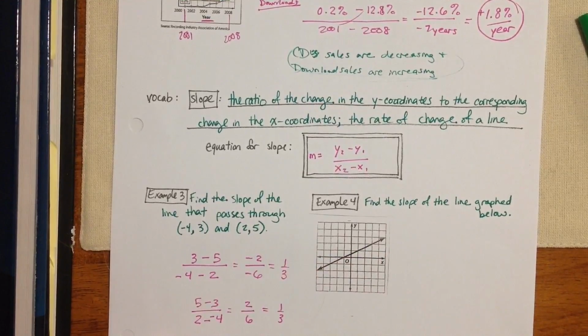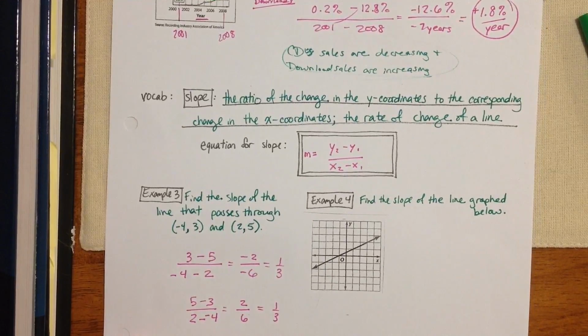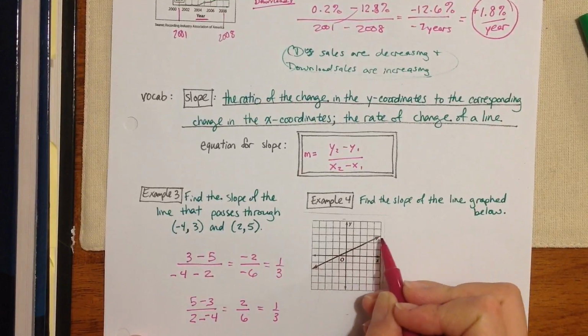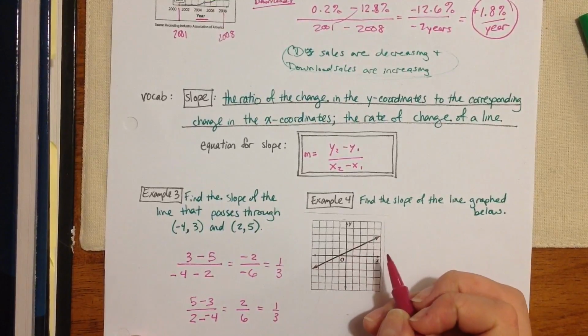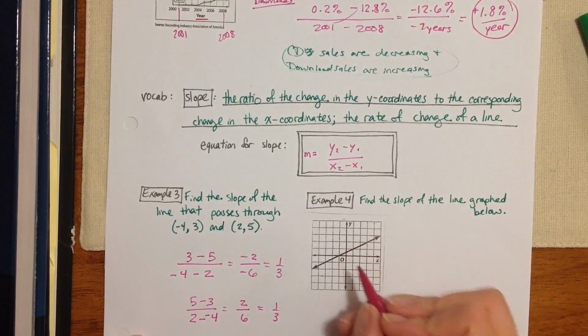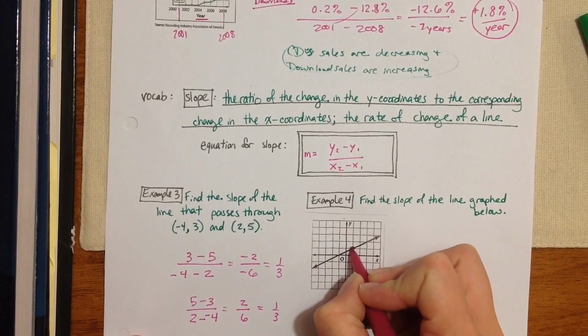And example 4, find the slope of the line graphed below. So again, try this one. Pick some points. What is the slope? And let's take a look now. Really, you can pick any point you see on this graph. I would recommend picking nice points. When I say nice, I mean ones that happen at nice crosshair intersections. So I see one right there.